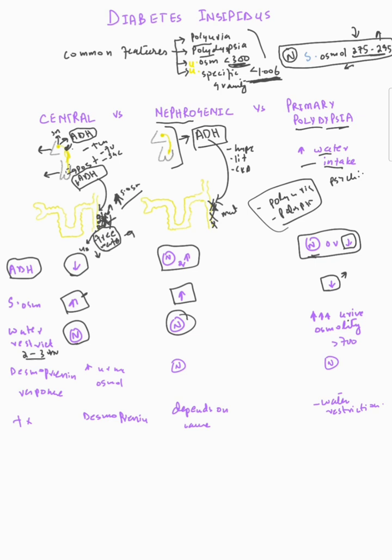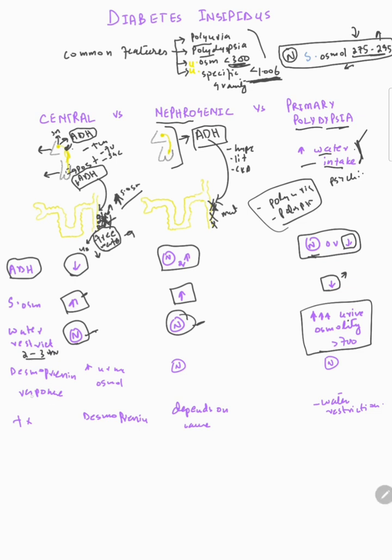So water restriction is not going to do anything to the urine osmolality. There will be no change in the urine osmolality in these two. But in primary polydipsia, obviously, it is going to significantly increase the urine osmolality because it is actually treating the cause, the increased water intake. So you restrict that water, and the urine osmolality will increase. That will be back to normal. The patient is going to be back to normal.